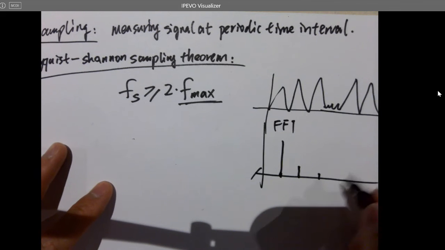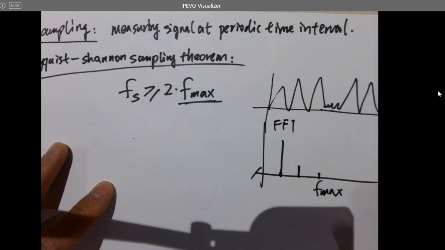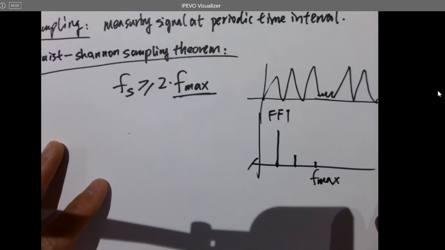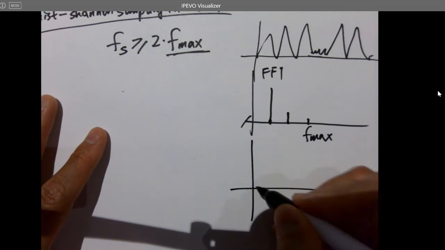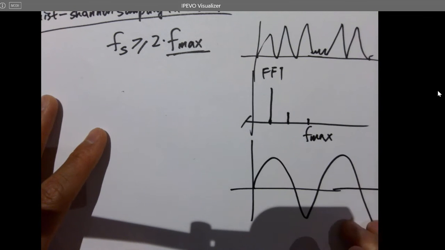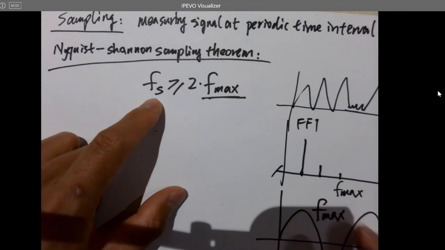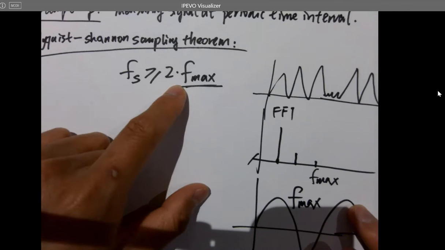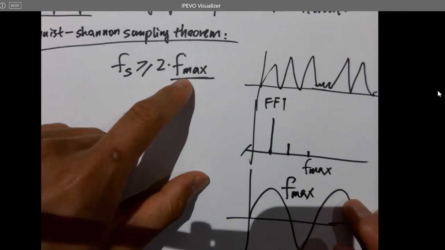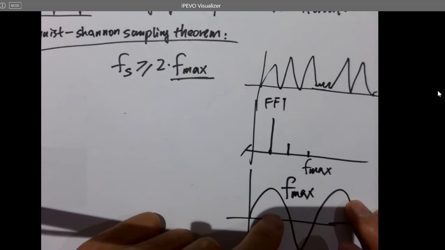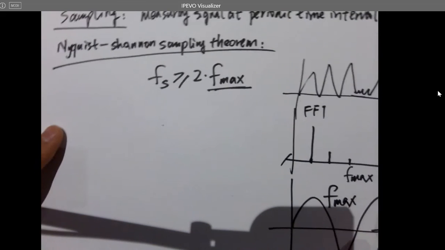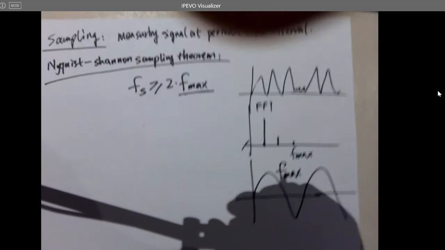This will be F max. If it's a pure sine wave, it's just one frequency, and that is F max. So the sampling rate has to be larger than twice the max frequency of the signal. Important to know that.